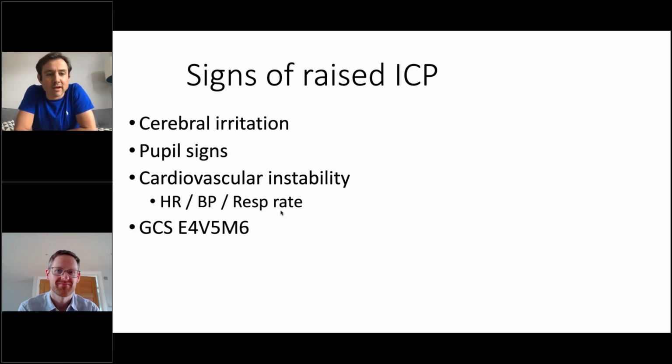So signs of raised intracranial pressure: cerebral irritation, pupil signs, cardiovascular instability, and we all think of Cushing's triad, and obviously the Glasgow Coma score. So cerebral irritation.